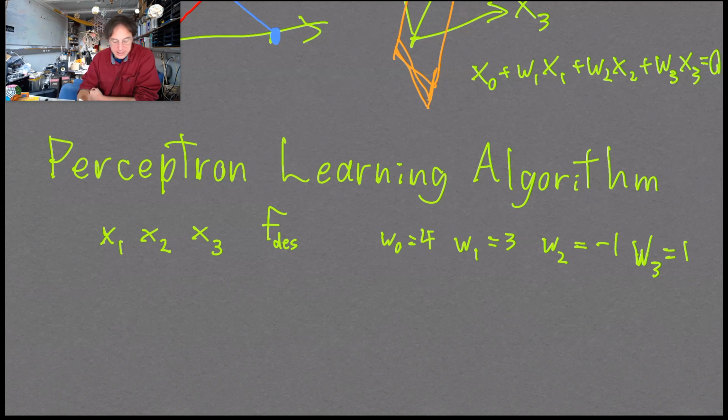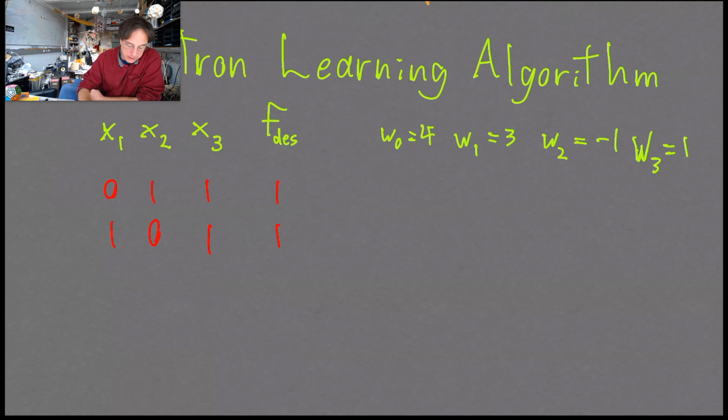And then what we do is we look at the points that we're being asked to have on one side or the other of the hyperplane. So for example, let's say we want 0, 1, 1 to produce a 1. I'm putting these ones in red. All of these ones should be on one side of the line. It's just some set of points.